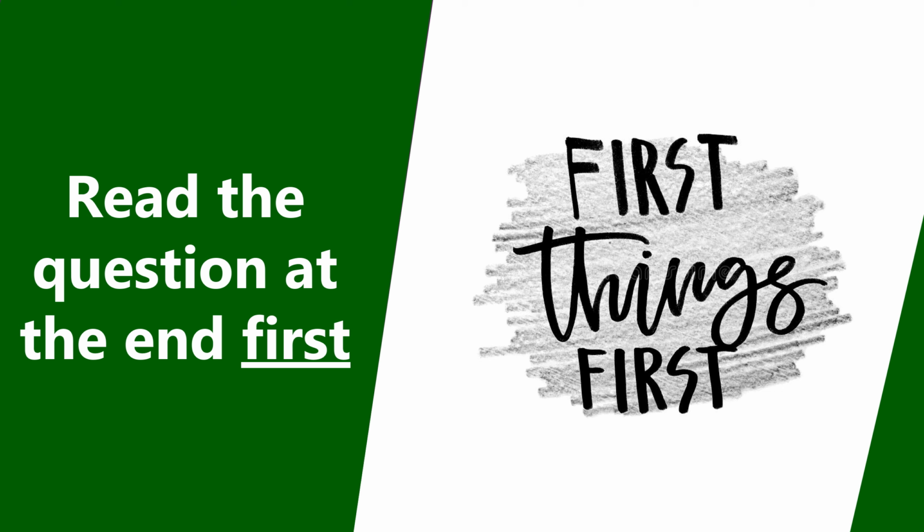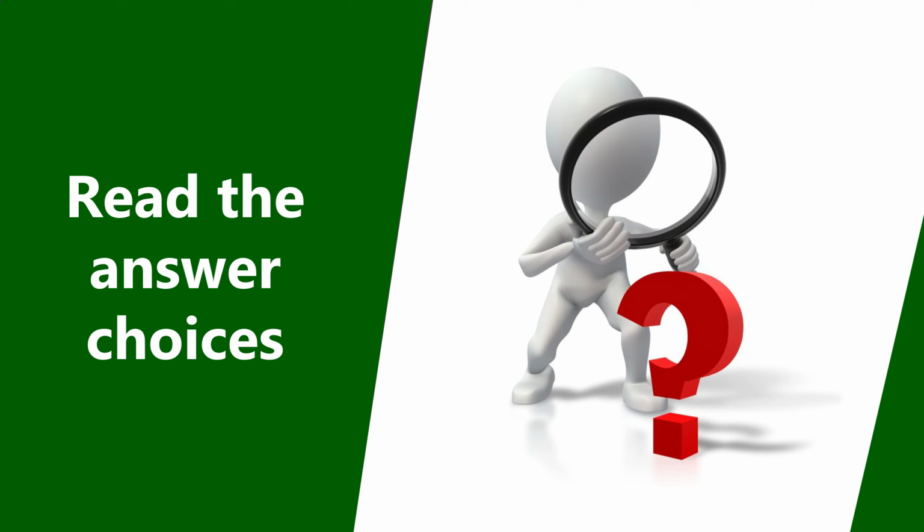The next thing that we want to do, after reading that question at the end, after reading that stem, is reading the answer choices. And I think that this is helpful because it allows you to familiarize yourself with the options that are there to narrow things down even further. So for example, if we're reading that question stem at the very end, that might read as, cardiovascular examination is most likely to show which of the following. So just by reading that, it's talking about cardiology, it's talking about physical exam skills.